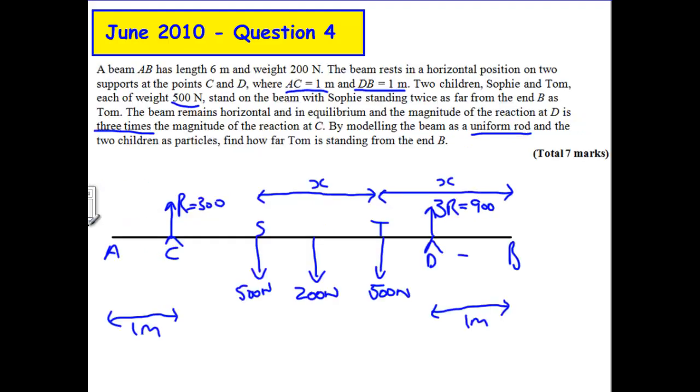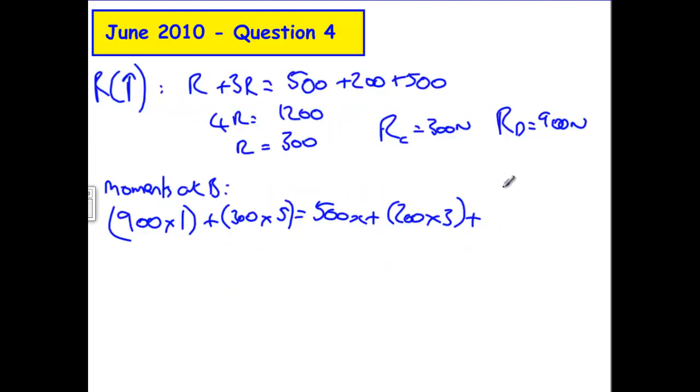And then I'm going to also include the weight of Sophie, which is 500 newtons, acting at a distance of 2x from B. So that's going to be 500 times 2x.